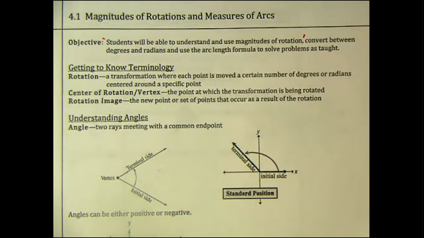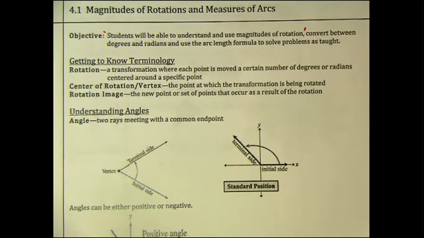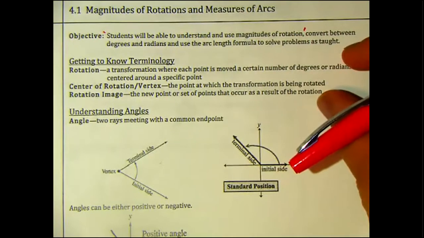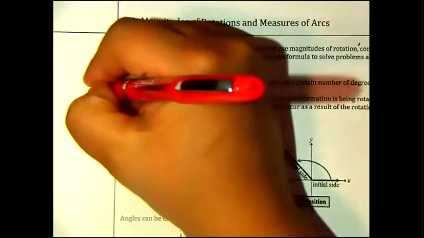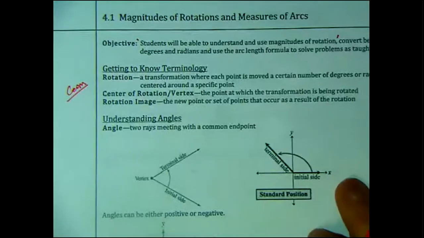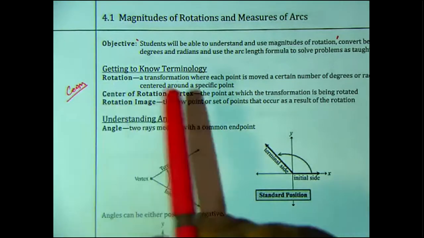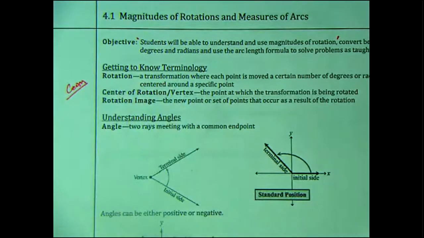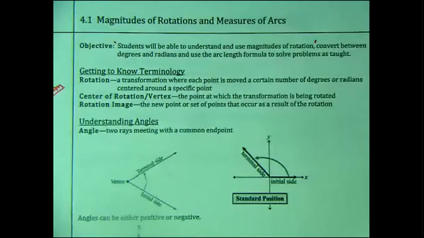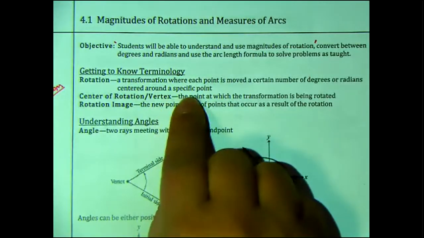So let's review a little bit of vocabulary before we head out, okay? This is essentially coming back to you from geometry. The last time we really talked about rotation, other than function rotations, was during geometry. Just a reminder, a rotation is a transformation where each point is moved a certain number of degrees or radians, centered around a specific point.